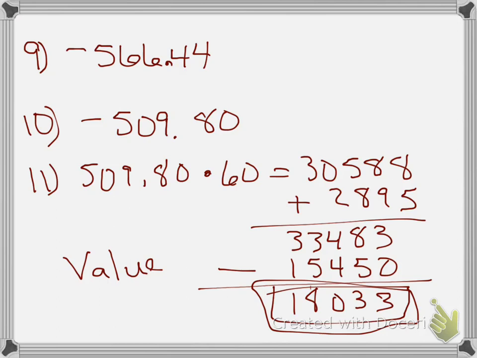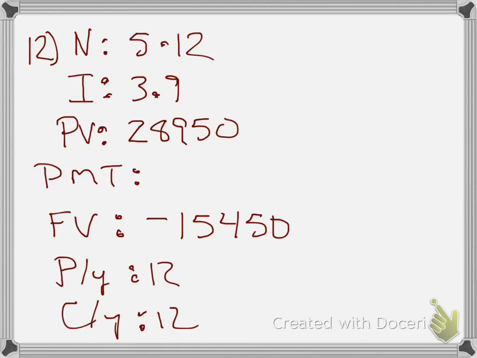So there's that. Number 12 makes you do a lease. Now on the lease, you've got to remember that the present value is the price of the car today. The FV is the value of the car when you will return it. Notice how the PV is positive and the FV is negative.